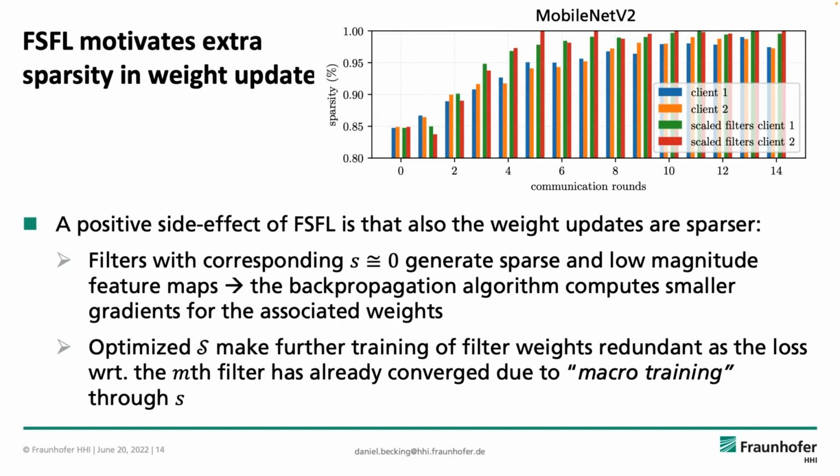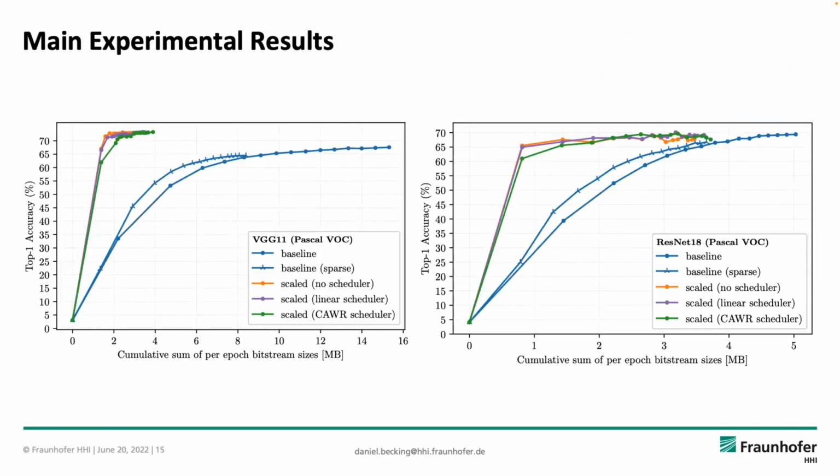Now, let me show you some main experimental results. Here, we trained the federated learning scenario on Pascal VOC, and each data point here shows one communication round and the cumulated sum of data and the achieved global accuracy.